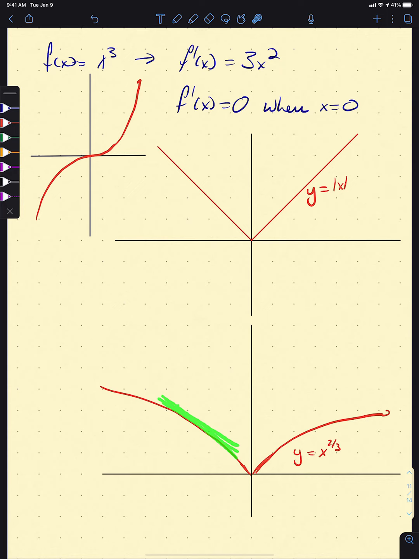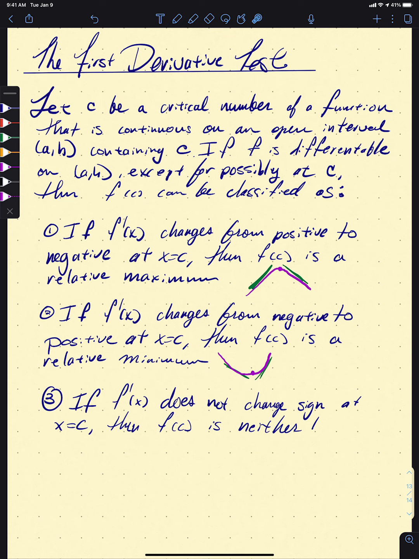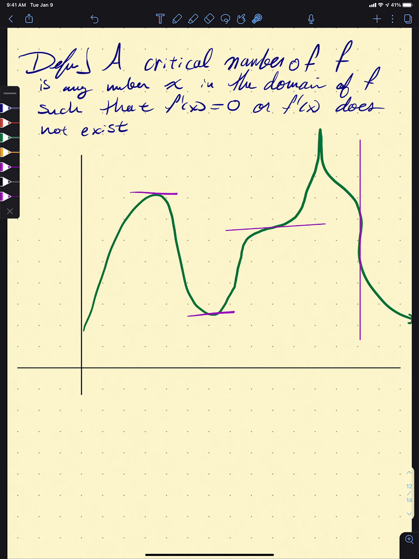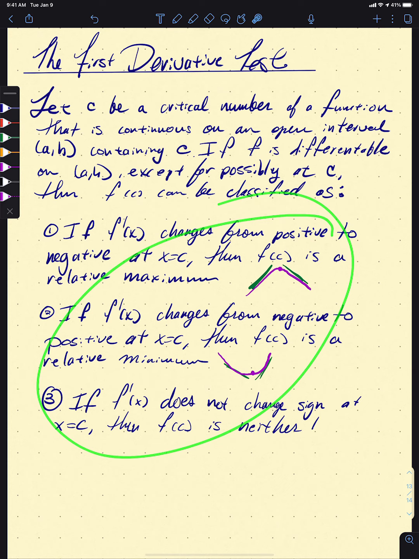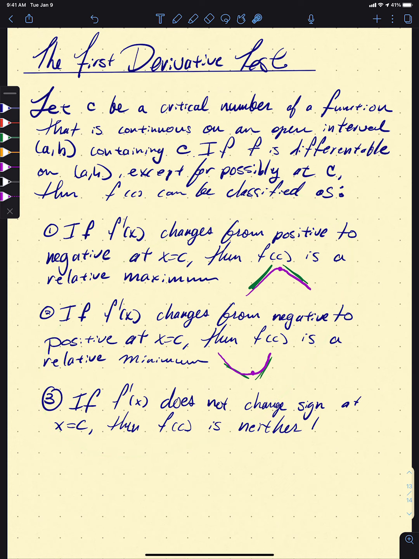Negative derivative here, positive derivative there, right? That's the genius of the first derivative test: we don't have to just say, okay, here are our critical points, some of them might be extrema, some might not be. We can simply look at what f prime does around it.